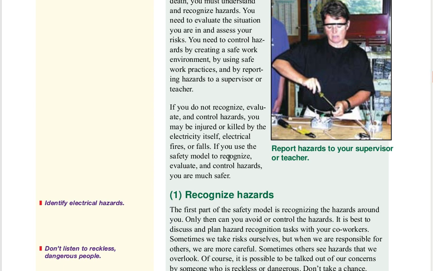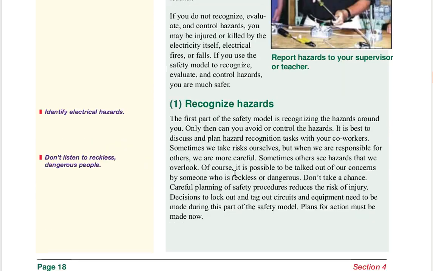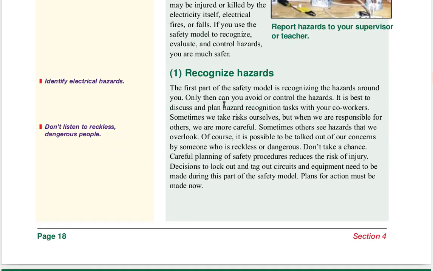If you use the safety model to recognize, evaluate, and control hazards, you are much safer. We look at each element separately.